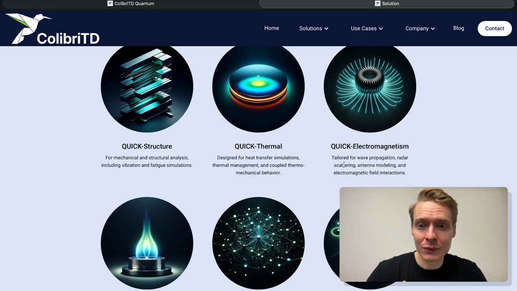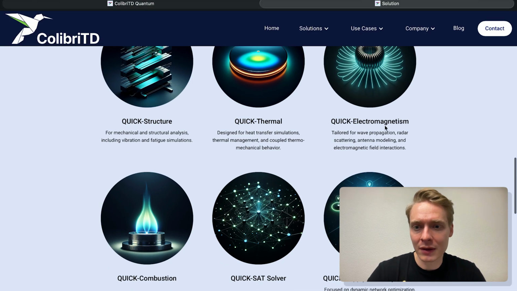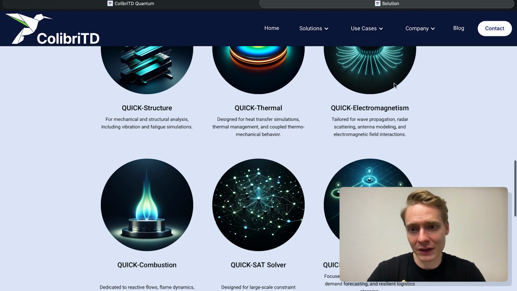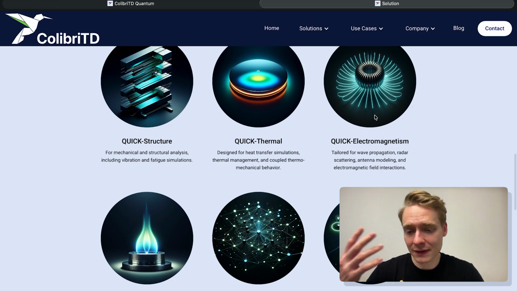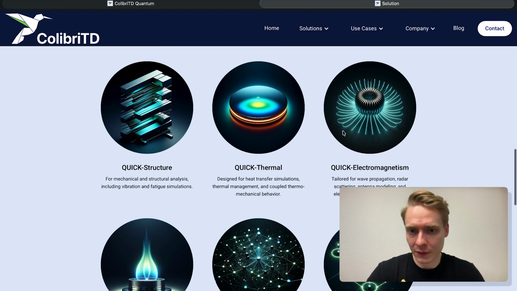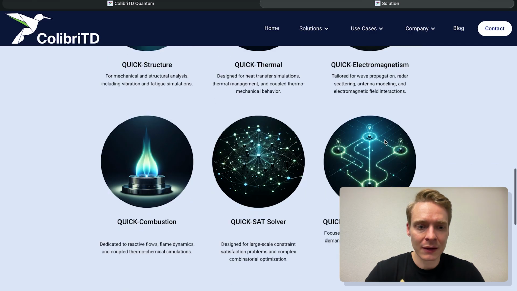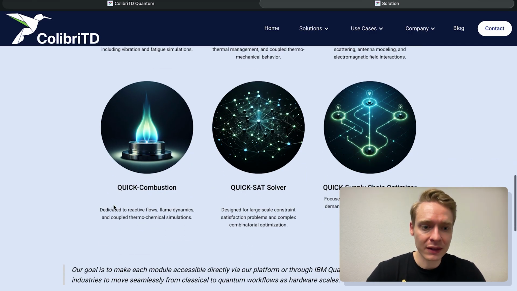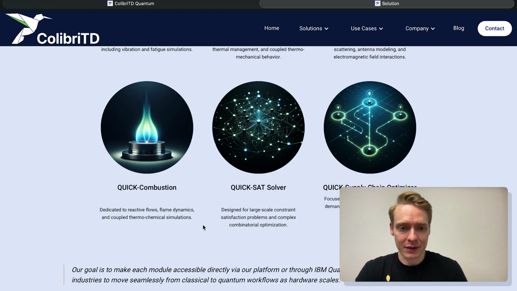Electromagnetism also makes sense, right? If you want to look at small systems and see how waves are propagating, like for example in radar and antennas, that makes sense. That is something that is already, of course, also being done. All of this is already being done on classical machines. Then there's Quick Combustion, dedicated to reactive flows, flame dynamics, and coupled thermochemical simulations.